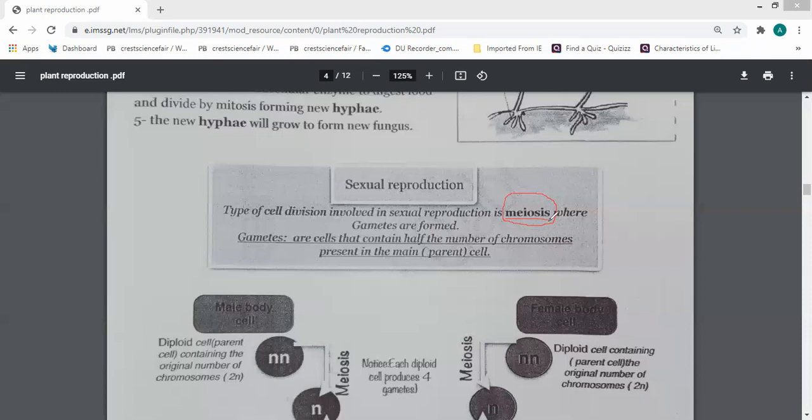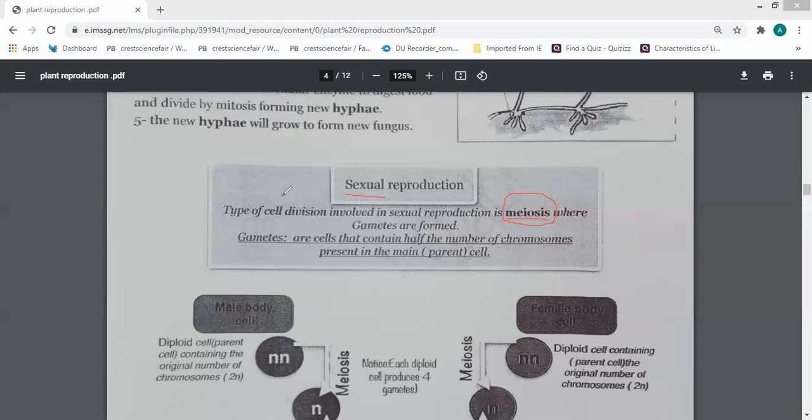And mitosis is for the body cells. Excellent. And the occurrence of sexual reproduction needs or involves sexual organs or sexual cells. So this type of reproduction, sexual, occurs by meiosis or mitosis? Meiosis. Excellent, thank you.